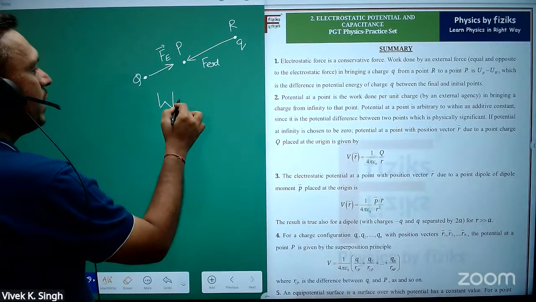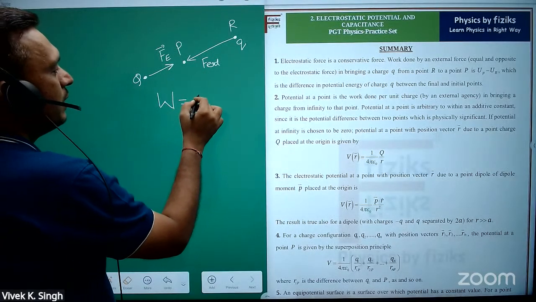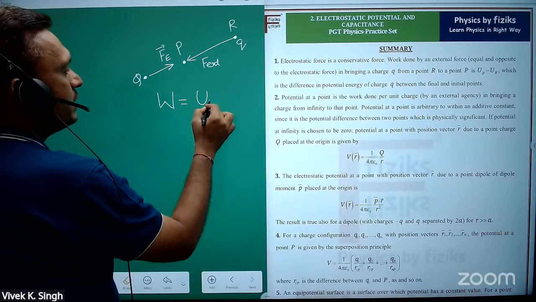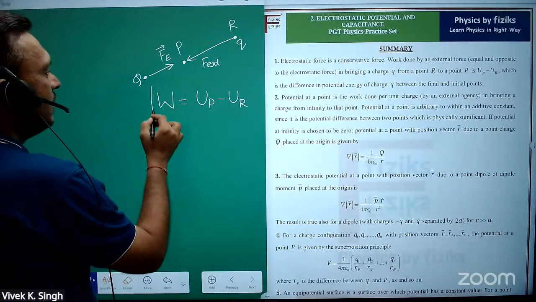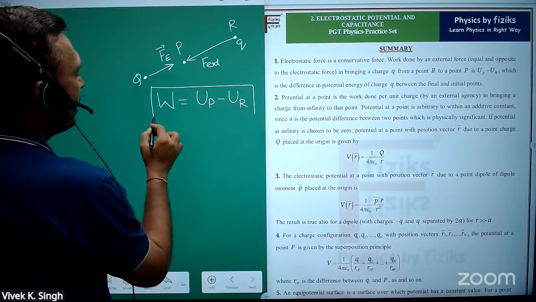So this work done is given by the difference in potential energy, UP minus UR.